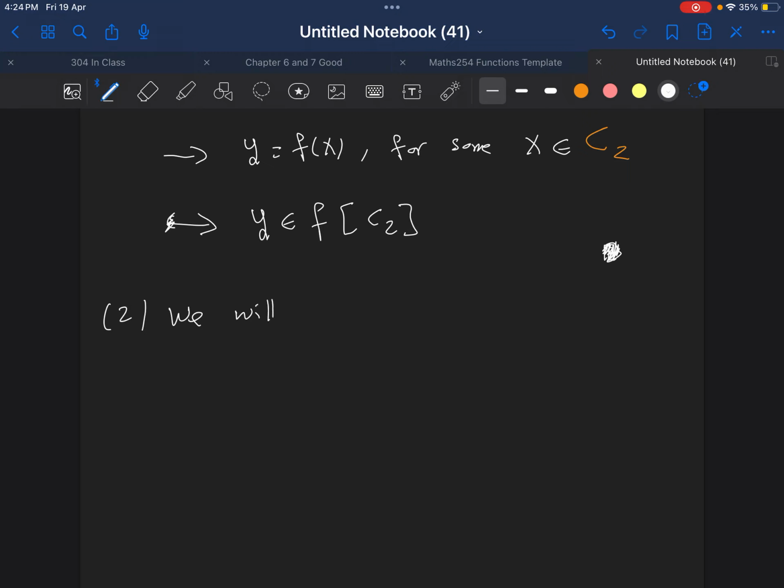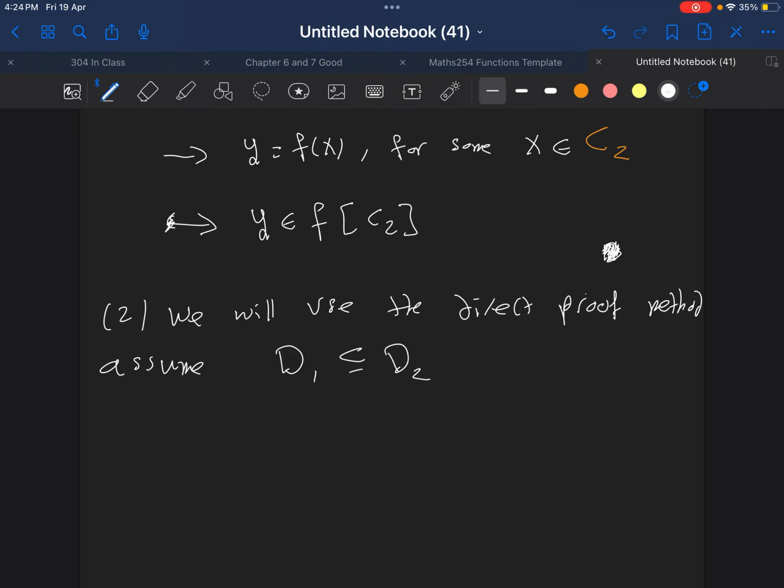We will use the direct proof method. So assume we have two sets, D1 is a subset of D2. Let X belong to the inverse image of D1. This tells me directly that f of x belongs to D1.